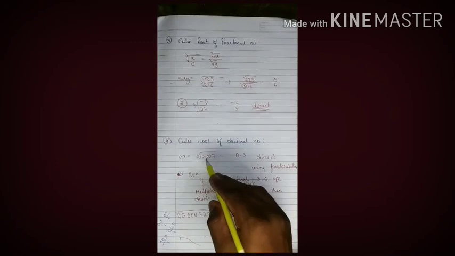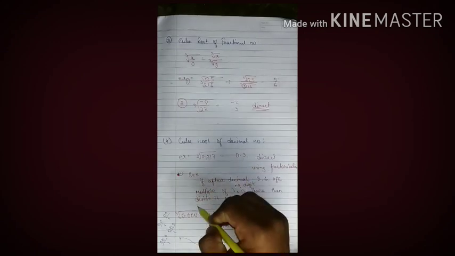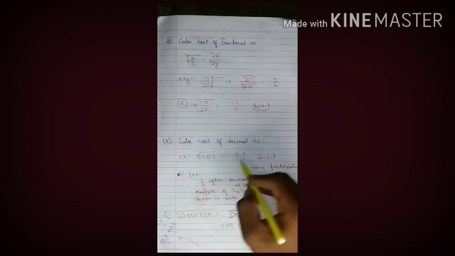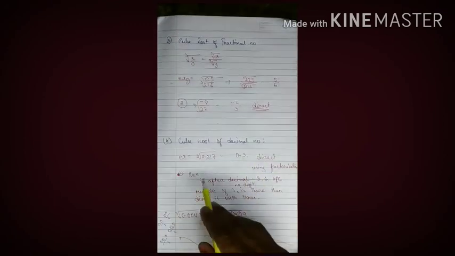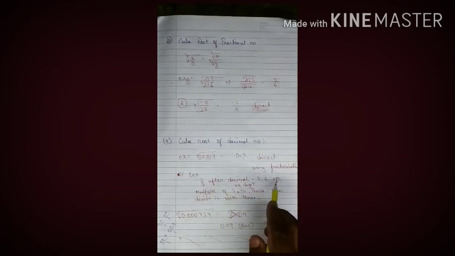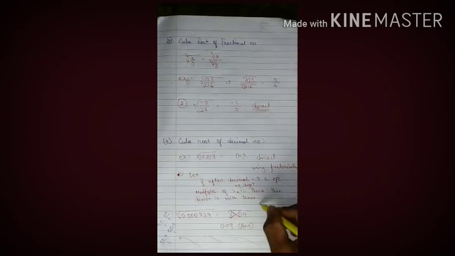See here, 0.027. How will we find it? Cube root of 27 is 3. How many digits are there? 3, so keep the point after 3 places. If after the decimal there are 3, 6 or a multiple of 3 digits, then divide by 3 and put the point.